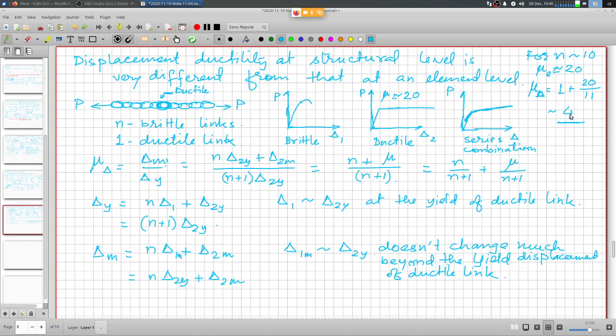No, 3. So for this particular simple system of 10 brittle links and 1 ductile link, if the ductile link has a ductility of 20, then the complete assembly has a ductility of about 3.